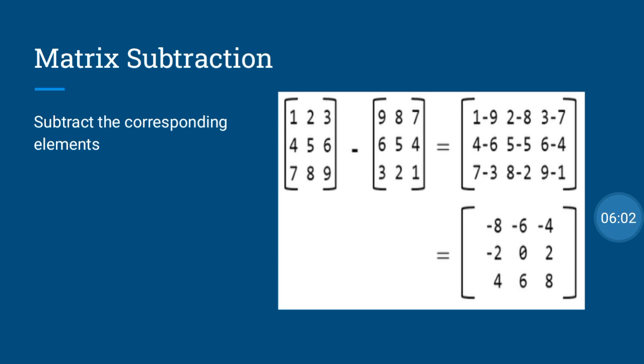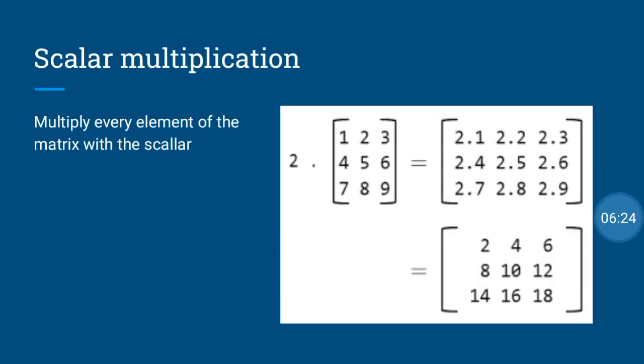When you are coming to the second row, consider the second row of both the matrices. 4 minus 6, 5 minus 5, 6 minus 4. Then third row, 7 minus 3, 8 minus 2 and 9 minus 1, which gives the final answer as minus 8, minus 6, minus 4, minus 2, 0, 2, 4, 6, 8.